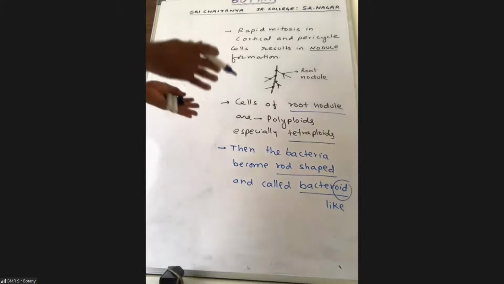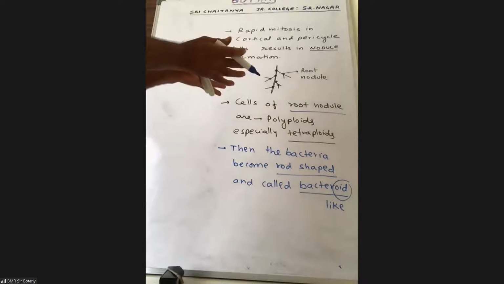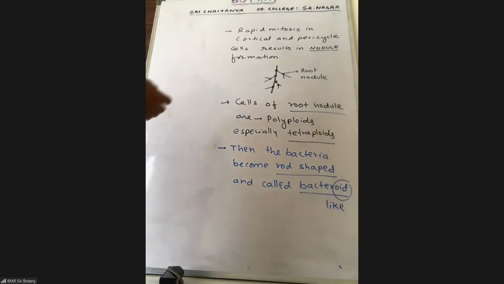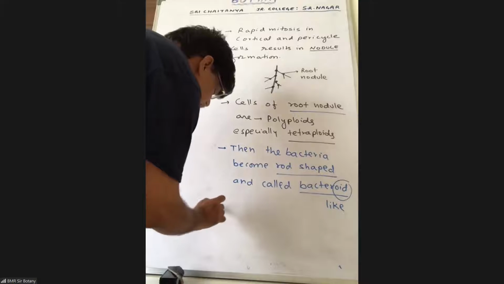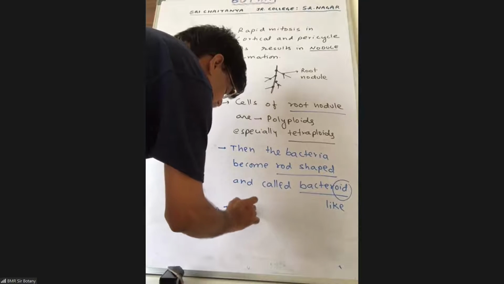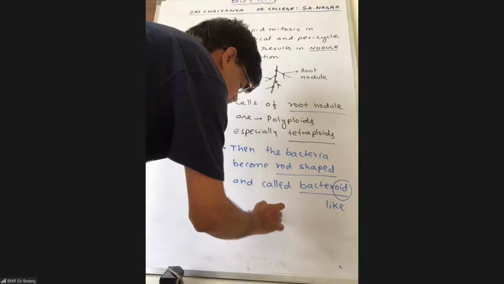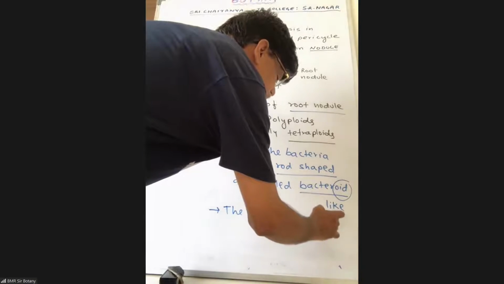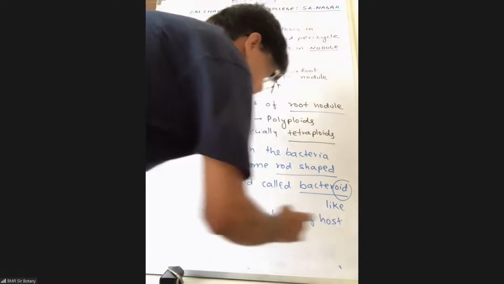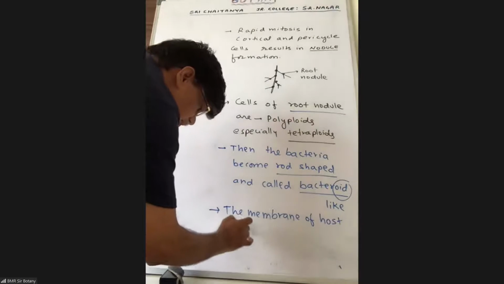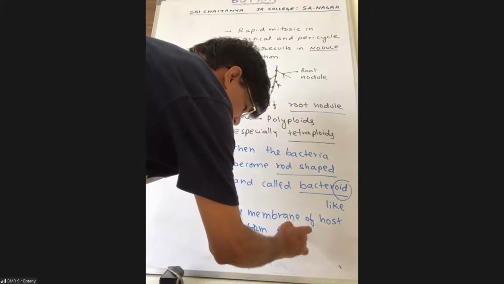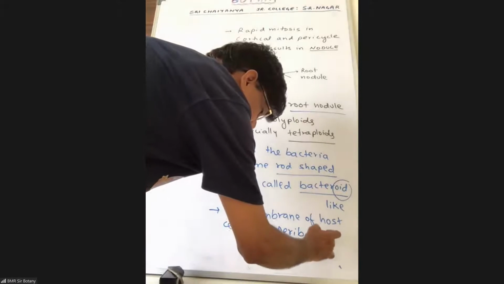And these bacteroids in groups develop a membrane around them. That is from the membrane of the cortical or pericycle cell, the host cell. So the membrane of the host cell forms the peribacteroid membrane.